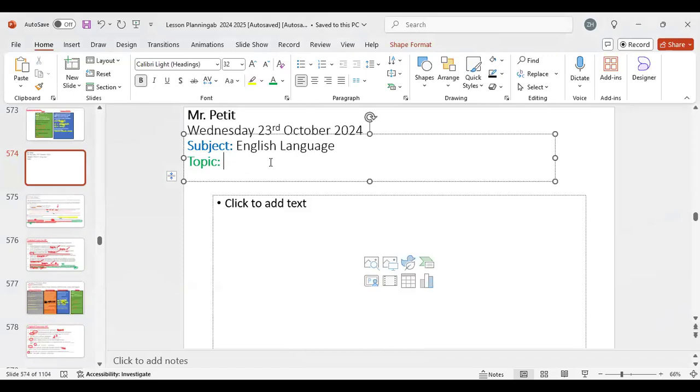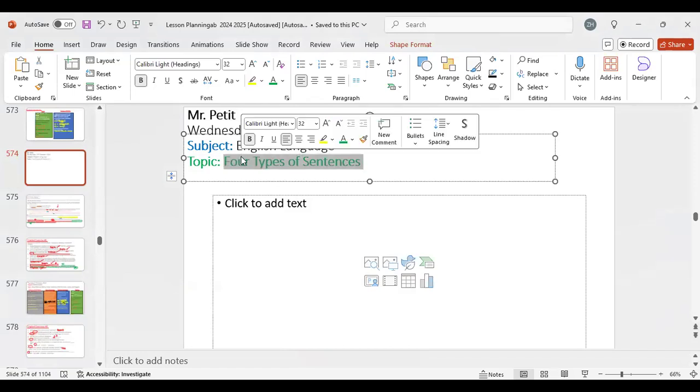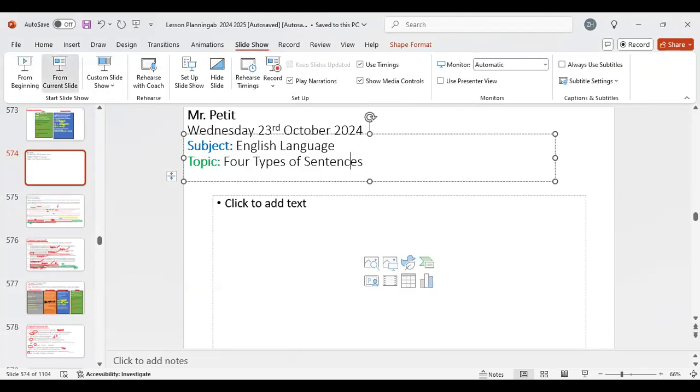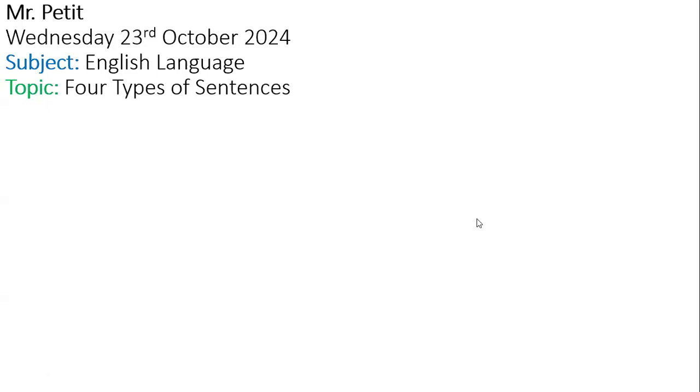So we're going to be looking at the 4 types of sentences: declarative, interrogative, imperative, and exclamatory.